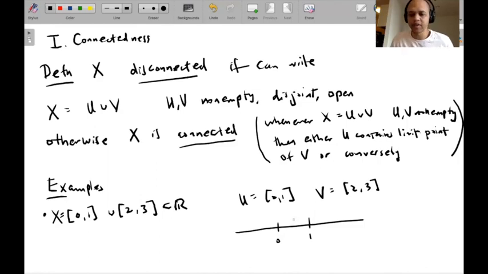An open subset of X is a set that's the intersection of an open set of R with X. And [0,1] is open because you can take a slightly larger interval that intersects X just in the closed interval [0,1]. Similarly, [2,3] is also open.